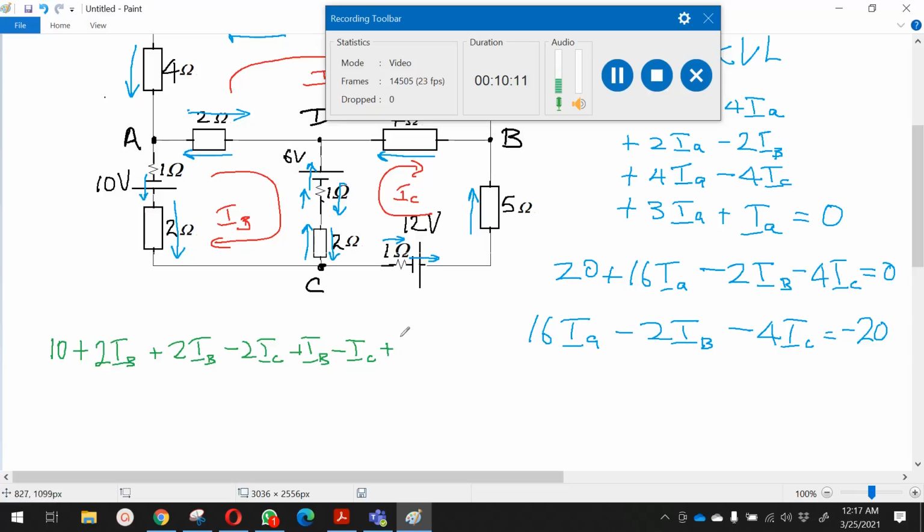plus 6 plus 2IA minus 2IA, and there is a voltage here which I missed, and that's plus 1 IB.